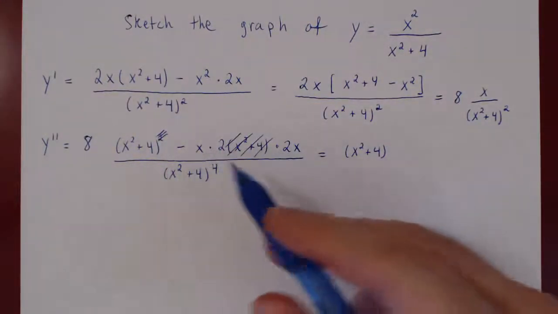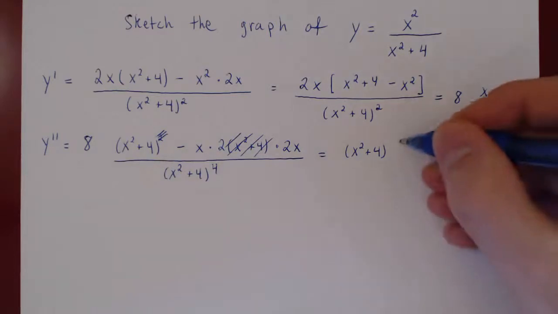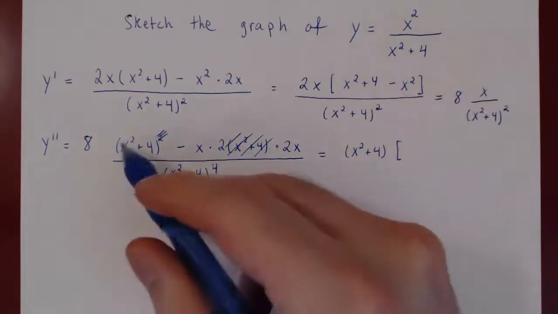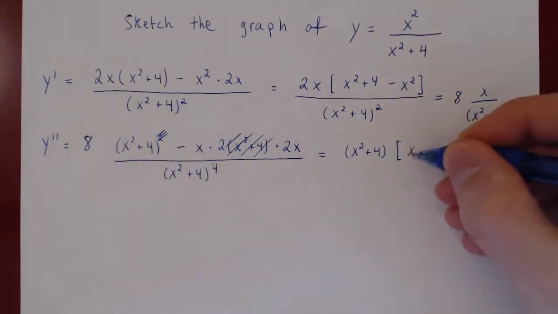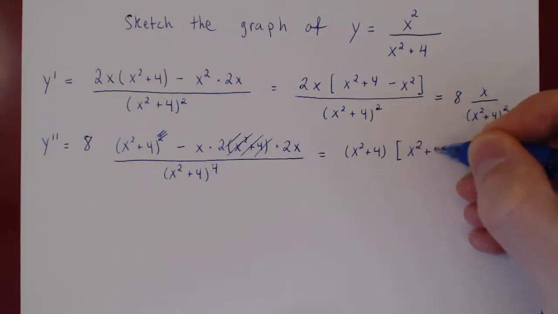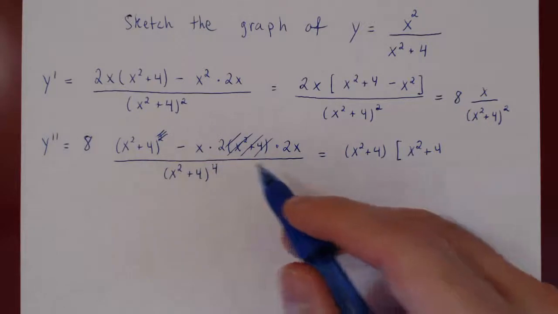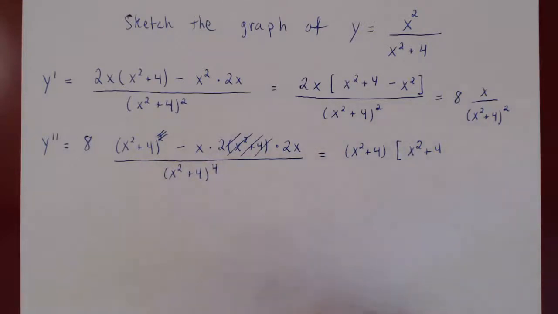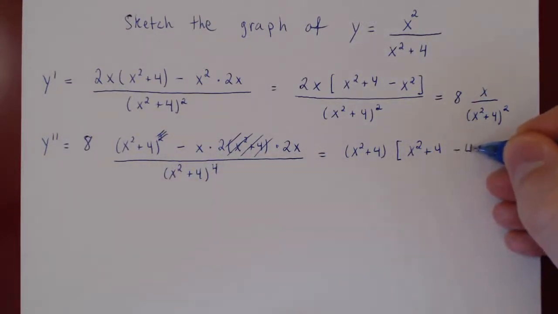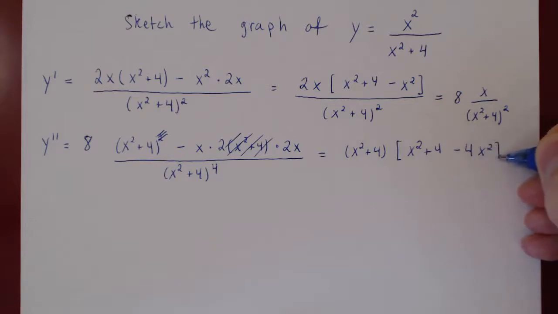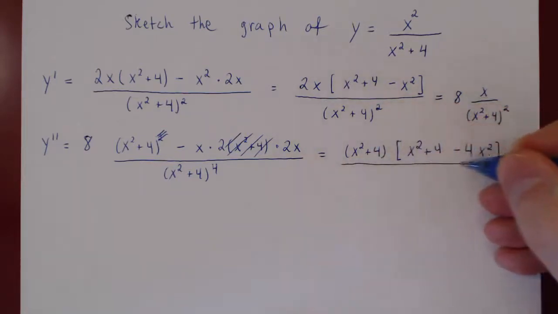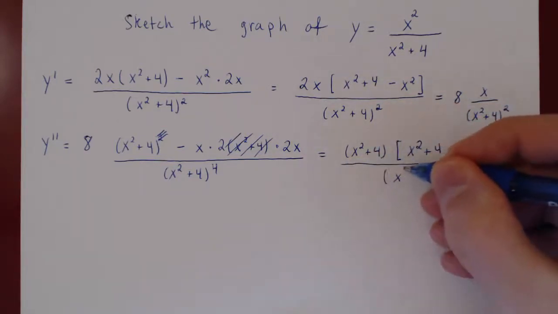There are no other common factors, so we can combine. And we're going to have x squared plus 4 from the first term, minus x times 2, minus 2x times 2x is minus 4x squared. The whole thing over the 4th power of x squared plus 4.